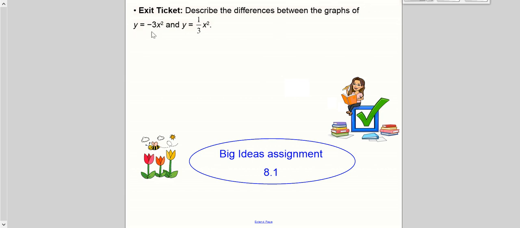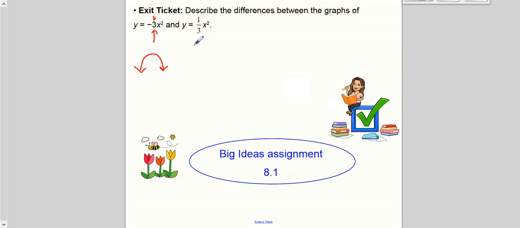Describe the differences between the graphs of negative 3x squared and 1/3 x squared. Well, this one has a negative, so how's that probably going to open? That one's going to go down, and it's going to have a stretch.